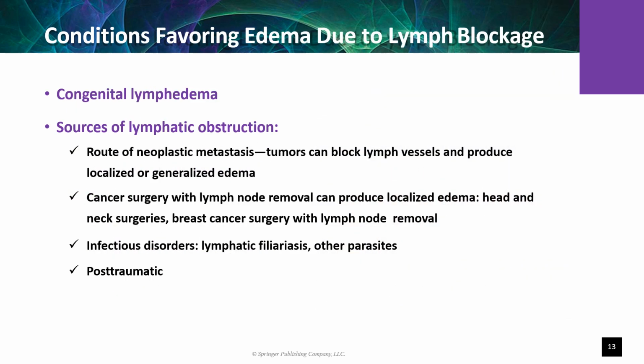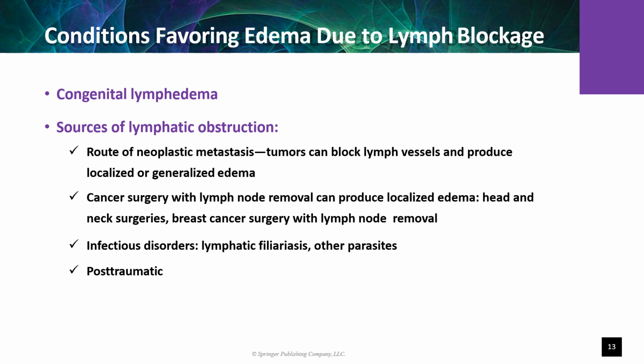Although relatively rare, any condition that impairs the return of lymph to the circulation will also cause the lymph to accumulate and edema to form. In patients with cancer, a variety of sites may develop tumors that block lymph flow and promote edema of the affected region.